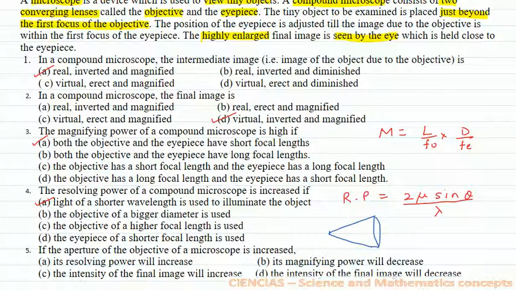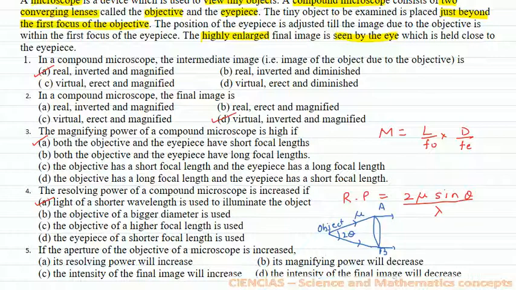So this is 2 theta, and here the light is going, this is mu, this is A, B. So it means the diameter will depend upon the angle.